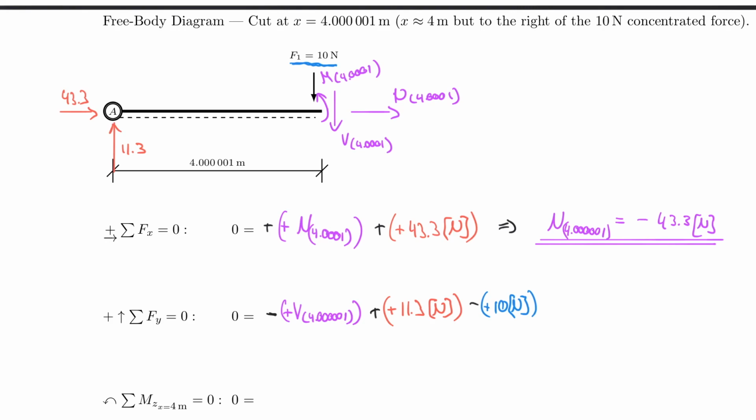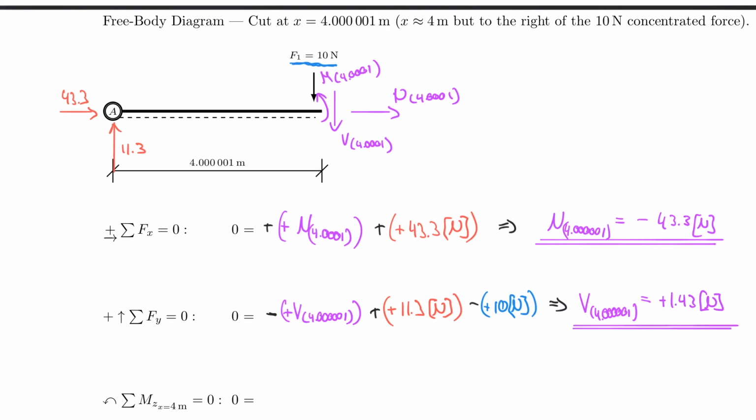And now I can close out my equation and I can identify that my shear force at 4.000001 is equal to positive 1.43 Newton. Now that will be a result once again, so we obviously double underline that, and notice that I used a positive in my answer here.